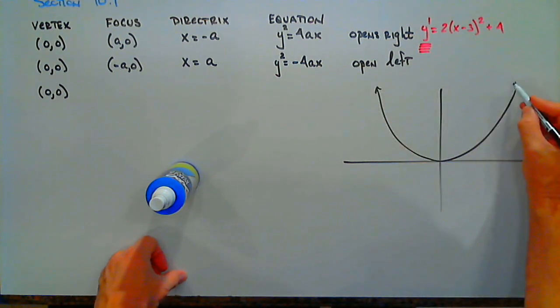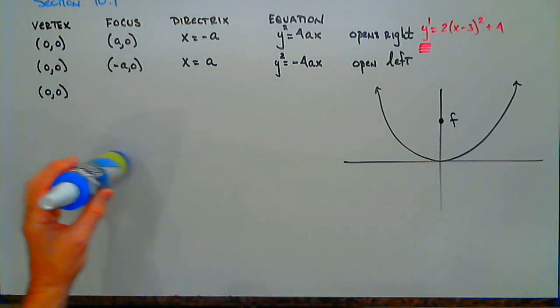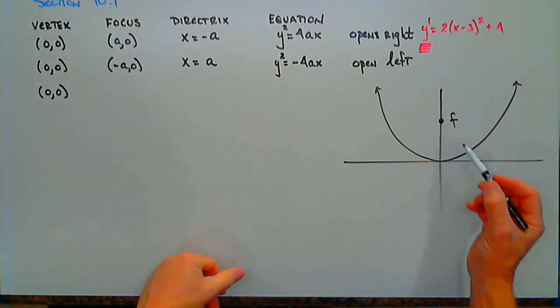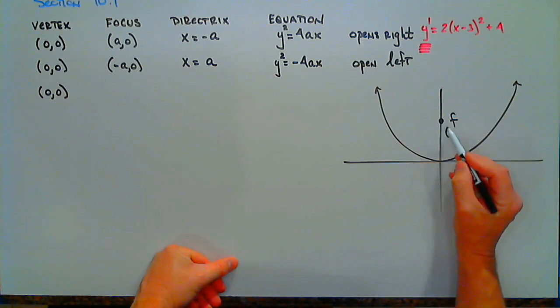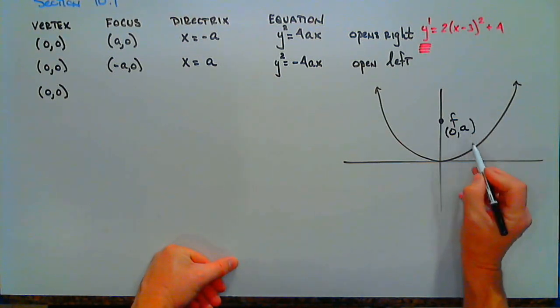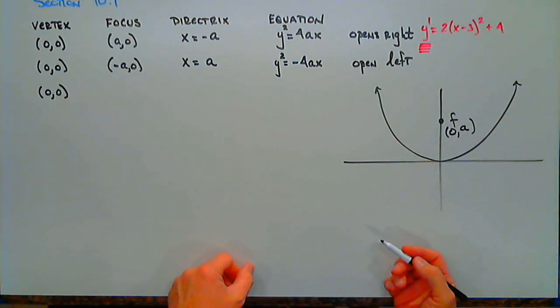If our parabola opens up, our focus is going to be up here, isn't it? Because our focus has to be inside the parabola. So that's not (a, 0). The x-coordinate of that point is 0. The y-coordinate is a.